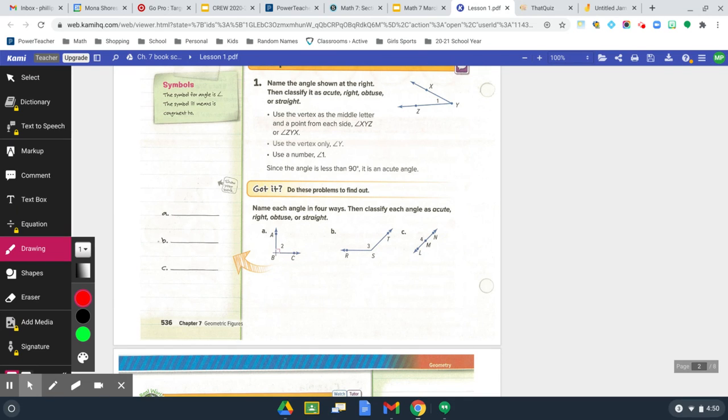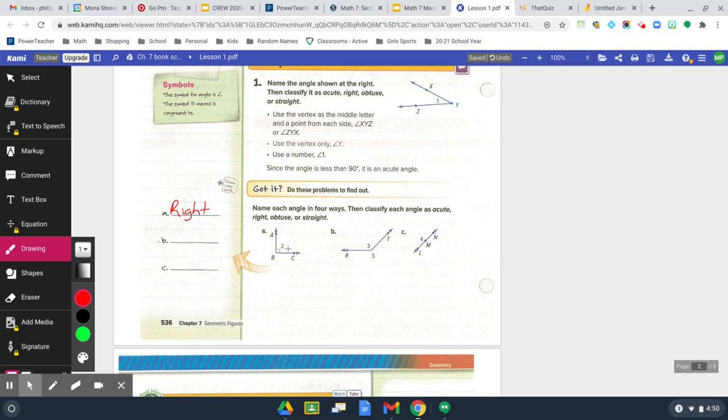So let's start with letter A. Let's actually classify this angle first. So letter A, we see that little box, that square box in the corner. A would definitely be an example of a right angle. Now, when it says to name each angle in 4 ways, if you look, this angle has letters labeled on here and a number.